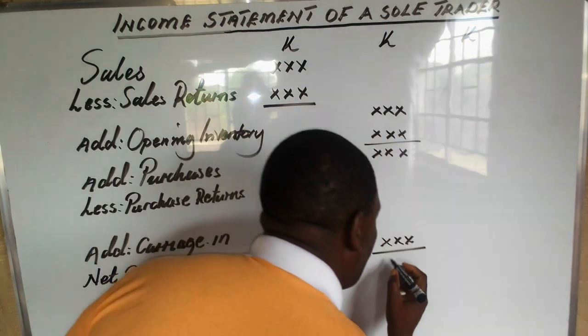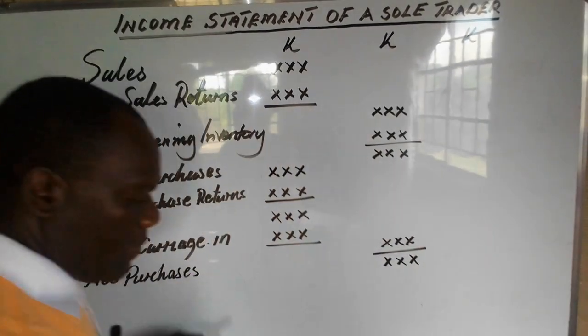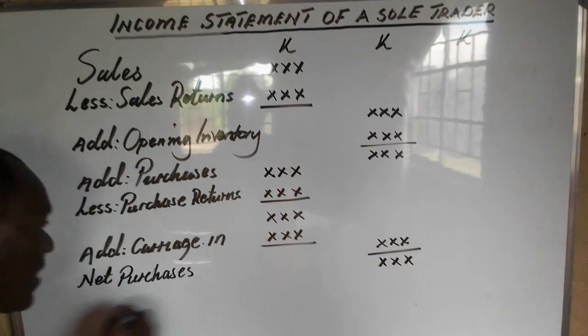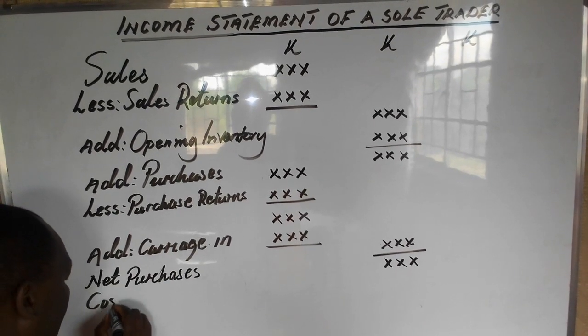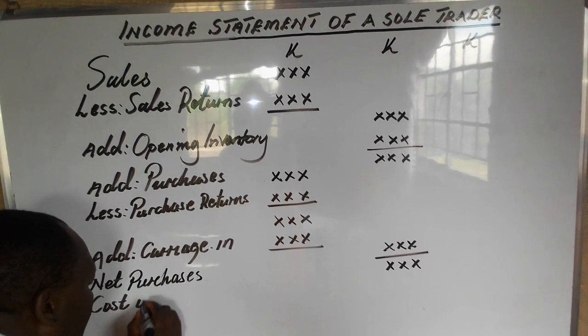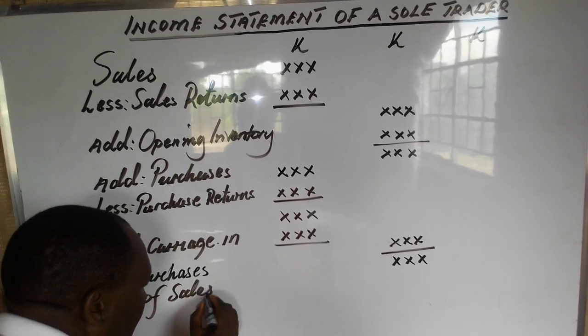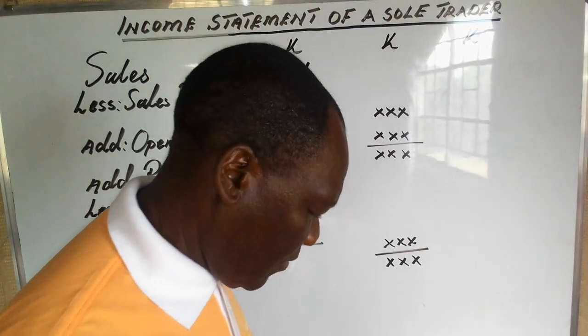So, you add these two. When you add the two, you are going to get the cost of sales. So this figure is cost of sales.